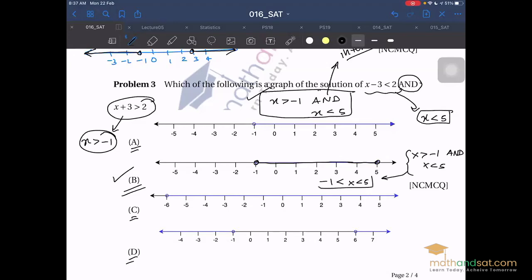This is one single expression. What about cases A, C, and D? What will be the case in A?